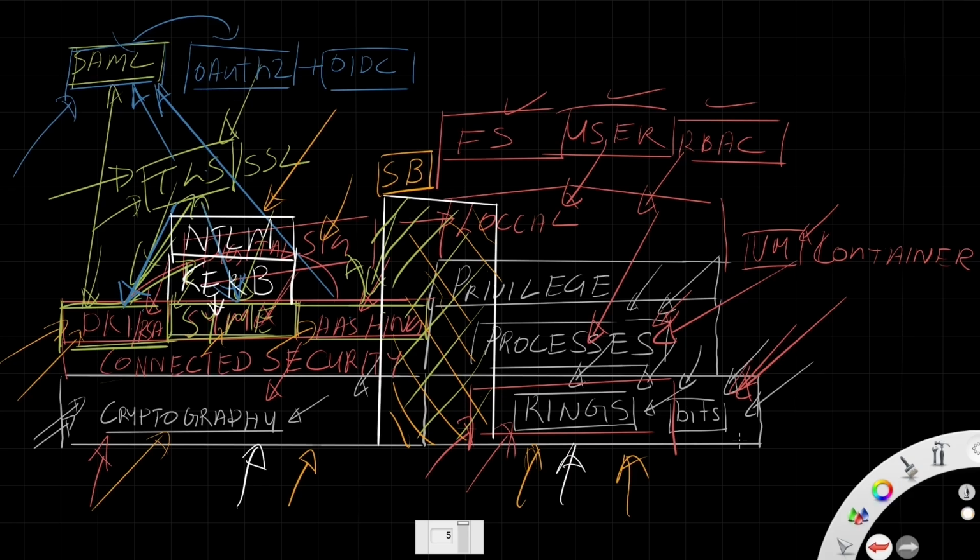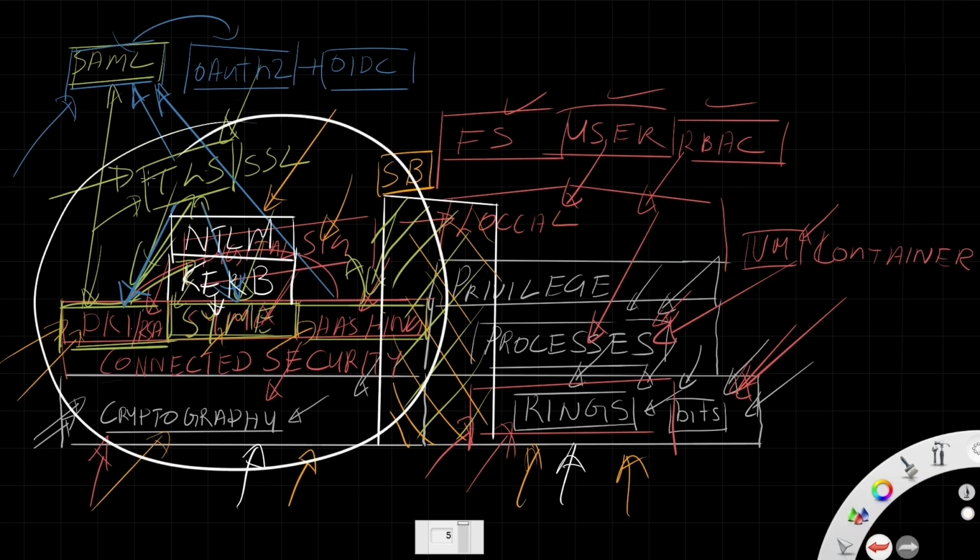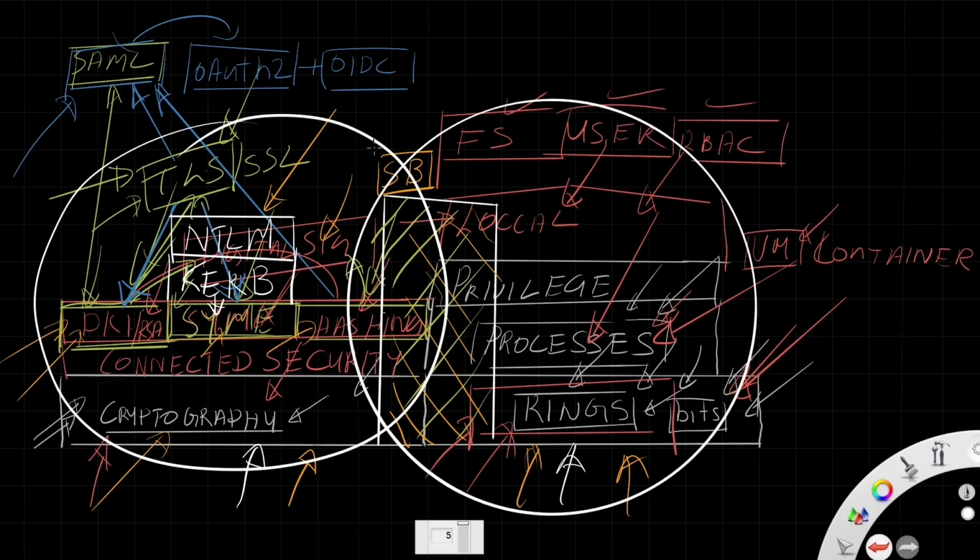So in the first part of the training, we will try to get our head around the cryptography part of the security pillar, and then we will get into the rings and explore some of the things. And then we try to get into all the different items, different protocols, TLS, SSH. For example, SSH uses PKI. It doesn't use PKI, it just uses RSA.